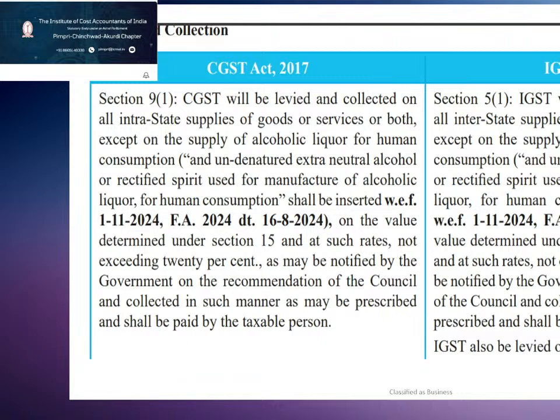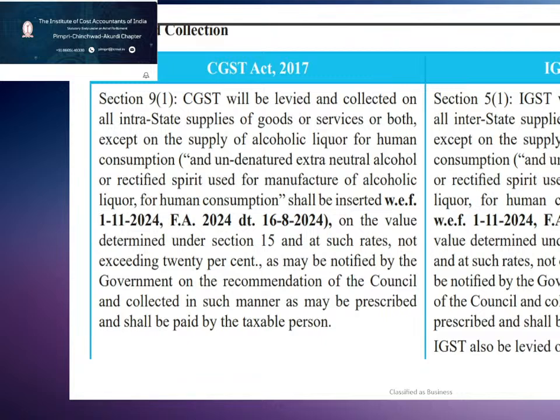So till date GST is not yet levied on these items: petroleum crude, high speed diesel, motor spirit commonly known as petrol, natural gas and aviation turbine fuel. Similarly for IGST also it is the same. So there is not much we need to see in this section 9 subsection 2.